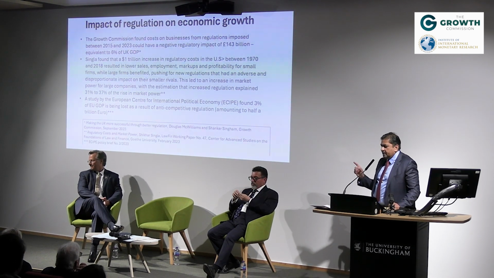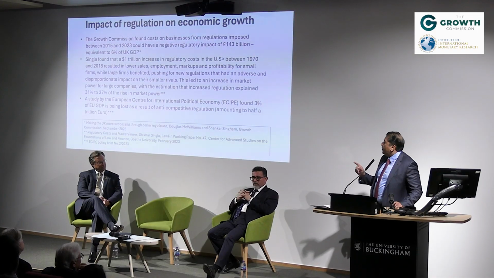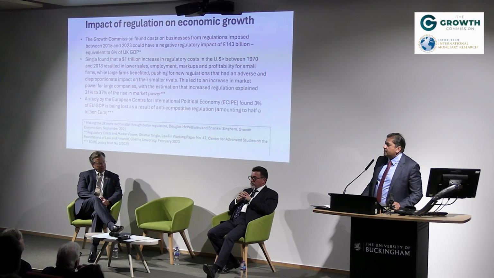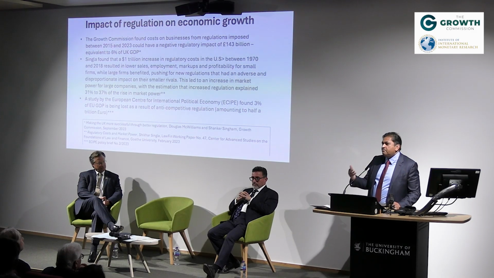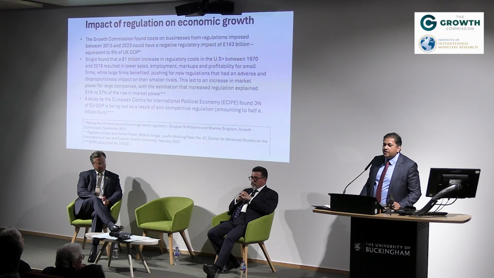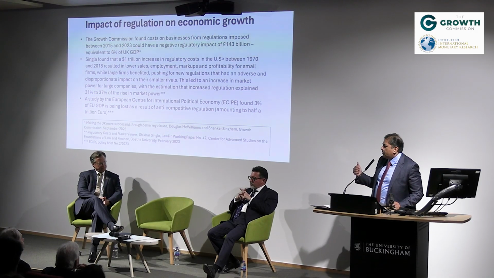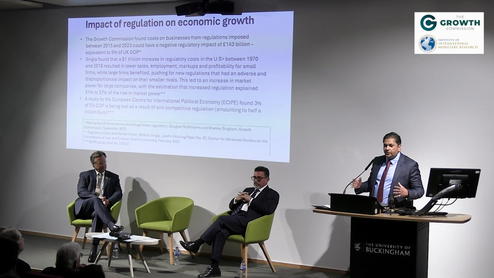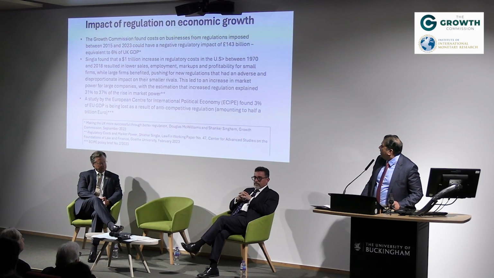But most interestingly is this idea that 31 to 37% of the rise in market power of incumbents in the US is attributable to the federal rule book. In other words, not business success, not having a good product, not meeting human need in voluntary exchange, but lobbying the federal rule book in order to get rules that keep out new entrants to that market.